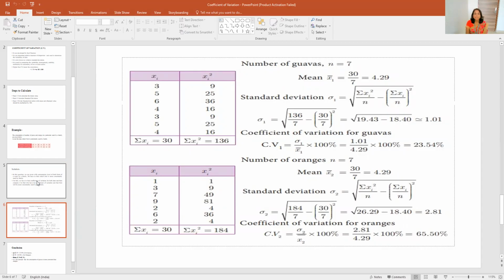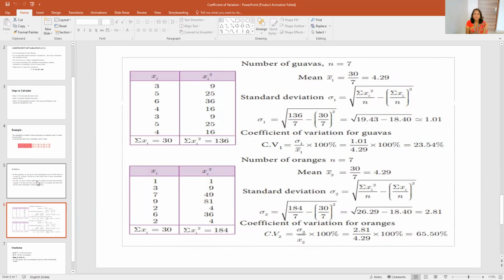As it is individual data, the mean is the addition of all the numbers of guavas divided by the number of days. It is 7 days of data. So the mean will be 30 by 7, that is 4.29. So the first step is finished by calculating the mean.